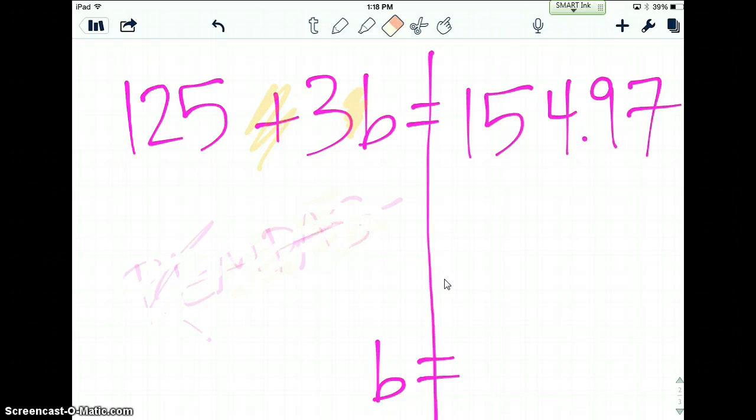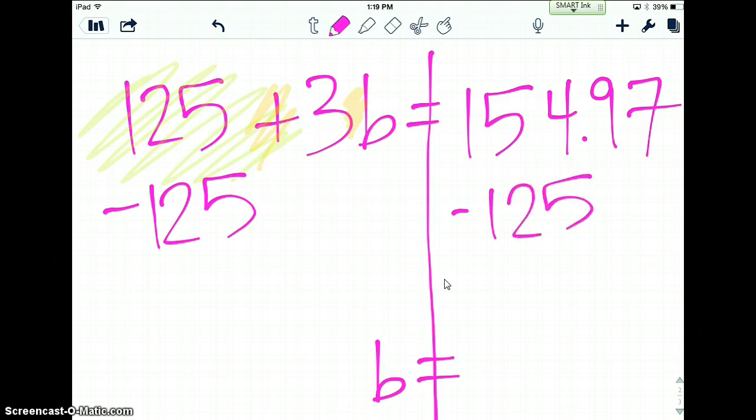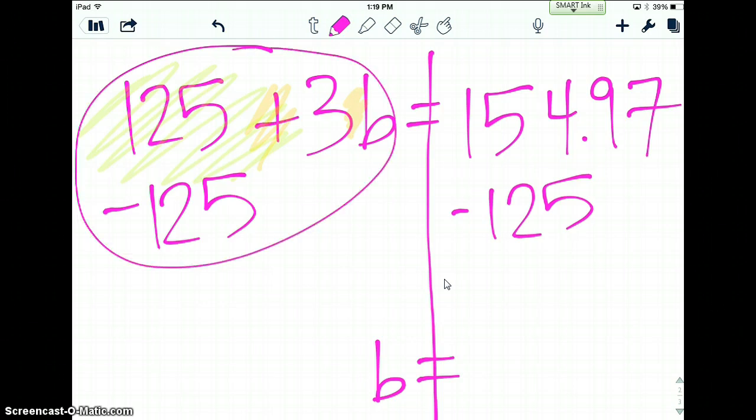So let's look here. Do we have any addition and subtraction next to the b that I need to go away? Yes, I do. Let me highlight it. I have this part that's being added to 3b. So how do we get rid of that? Well, to get 125 to vanish, I'm going to add its opposite to both sides because it's an equation. So now on this side, it will not simplify down to b yet, but it'll simplify down to 3b.